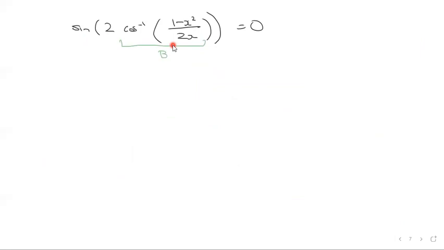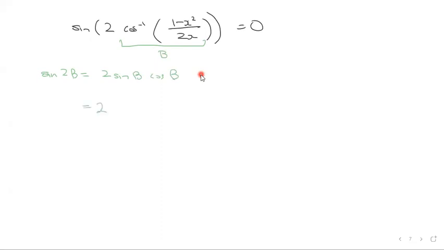So we could basically do this with beta, but let's think about the outside. You've got sine of 2 beta. We know sine of 2 beta is 2 sine beta cosine beta, as expected, because that's your double angle formula.